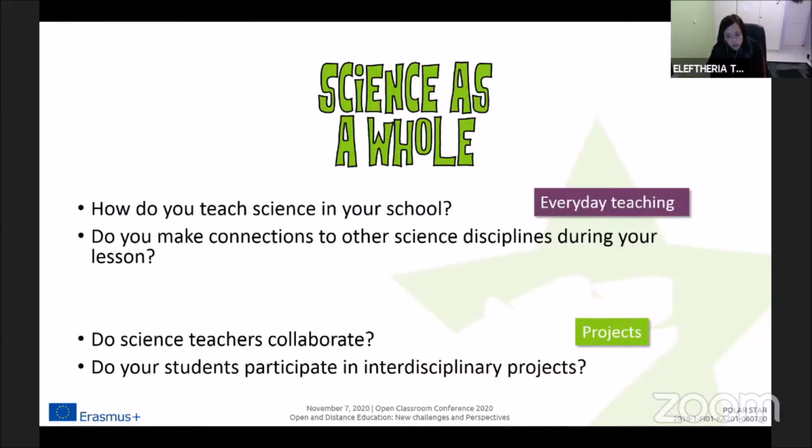Do you build bridges to other science disciplines? And when it comes to projects, do the science teachers of your school collaborate? Do you guys do stuff collaboratively? Do you design interdisciplinary projects for your students to work on?